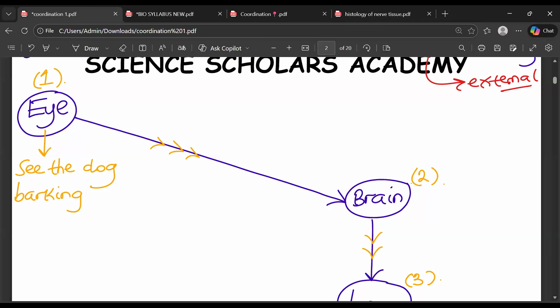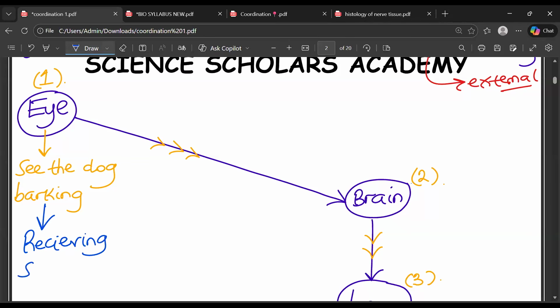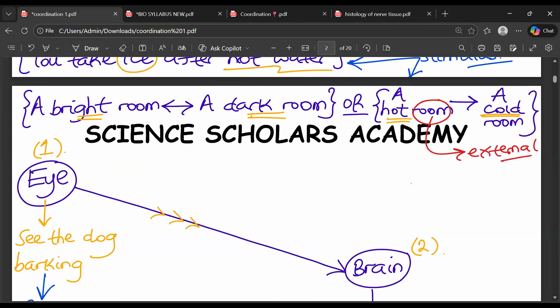Basically like that. So when you actually see the barking dog, I now want to change that statement to the eye receiving the stimulus. You get? That's all I wanted. The eye is receiving the what? The stimulus. But in due course, I've defined what a stimulus is. Plural, stimuli.